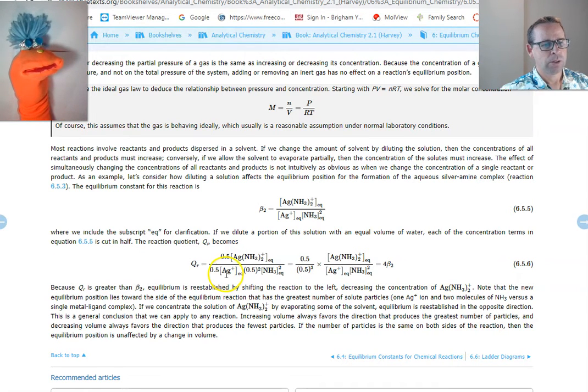Okay? So, for example, if I call this equilibrium statement here beta, and then I make an alteration, a change with a new quotient here, I'm multiplying everything by 0.5, so every concentration here is divided by 2, except for this one here, right?